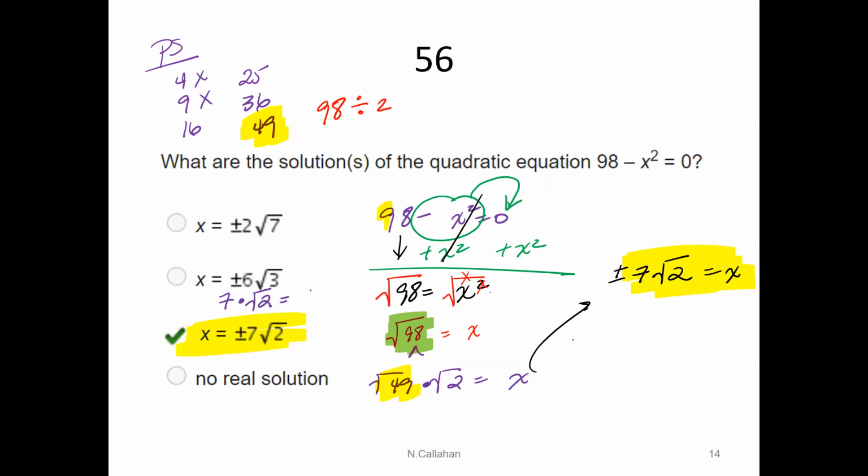When you hit enter, you should have something like 9.899. And if you do the same thing with square root 98 and hit enter, same answer. So that's another alternative way for you to get the right answer.